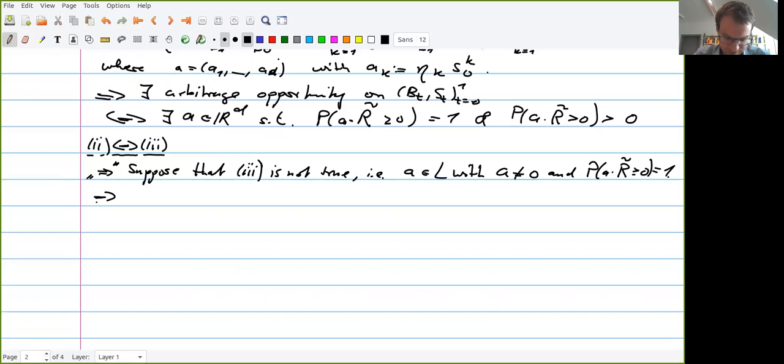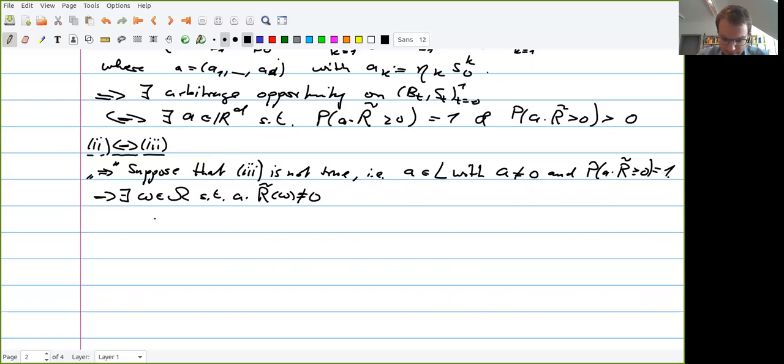Right? So this means there exists an omega in Omega such that A tilde of omega is strictly unequal to 0, because we assume that the discounted returns cannot be identical to 0.